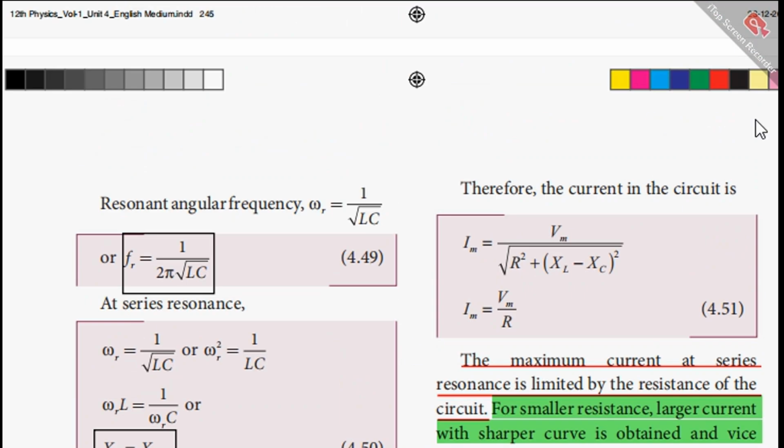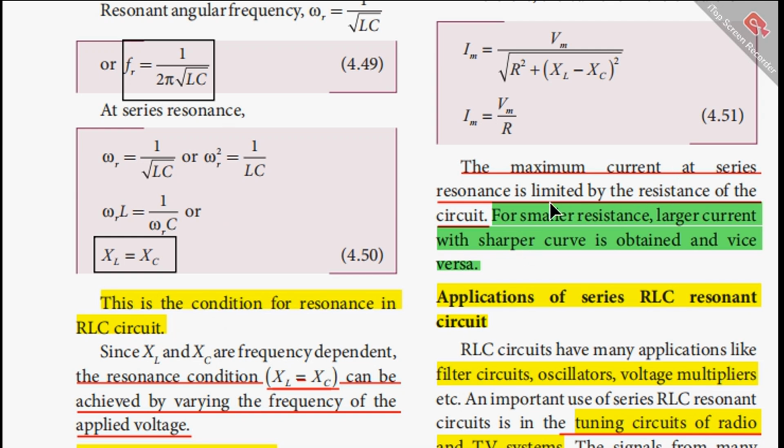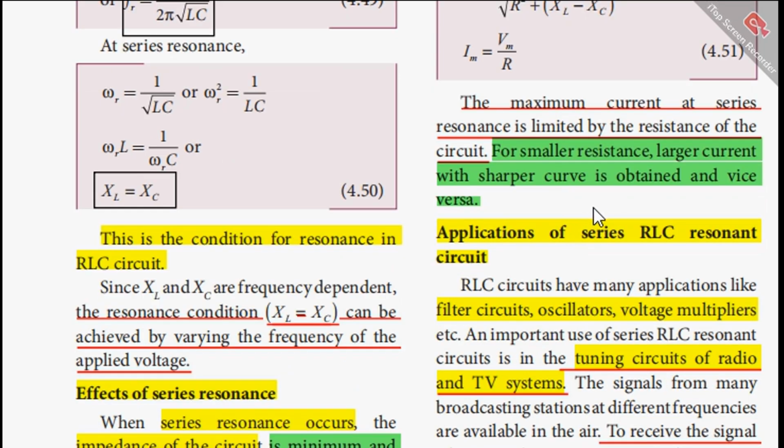The current in the circuit, Im, the maximum value of current, is given by Vm by root of R square plus the whole square of XL minus XC, and as XL is equal to XC, XL minus XC becomes 0, therefore Im will be equal to Vm by R. The maximum current at series resonance is limited by the resistance of the circuit. For smaller resistance, a large current with a sharp curve is obtained, and vice versa.